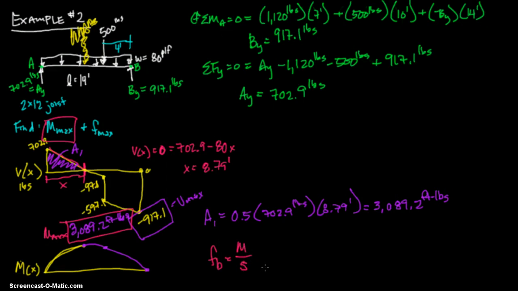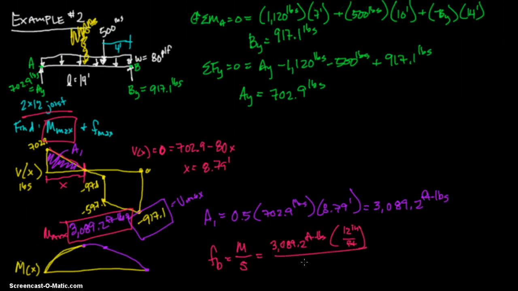Alright, and we want to take a look at the 2x12, because that's what it says we had, a 2x12 right here. And on the 2x12 it says that its section modulus is 31.64, and that's on the section properties of standard dressed sawn lumber table. So we said, where are we at? 3089.2 foot-pounds, 12 inches per foot, and divide that by, what was it again?